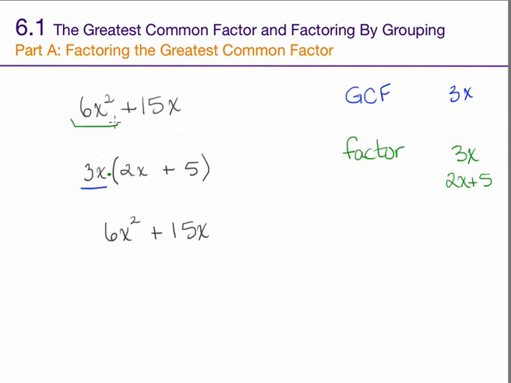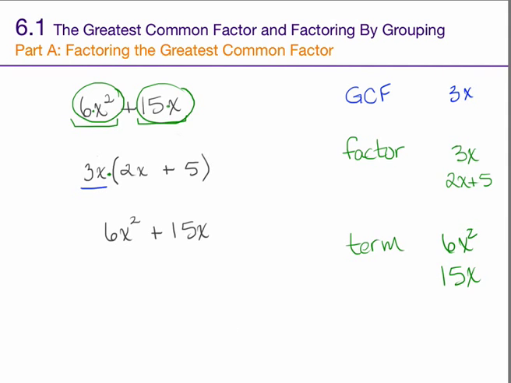What this piece is called is a term. This is a term, and this is a term. And terms are made up of factors. The terms in this example are 6x squared and 15x.